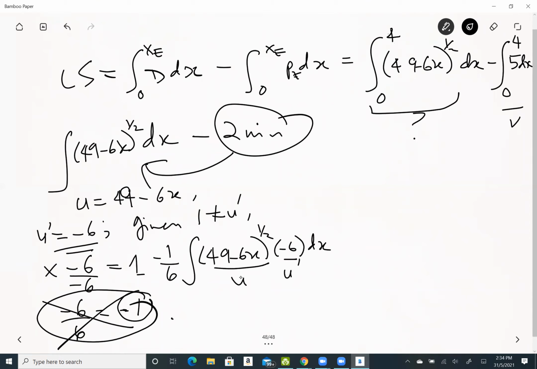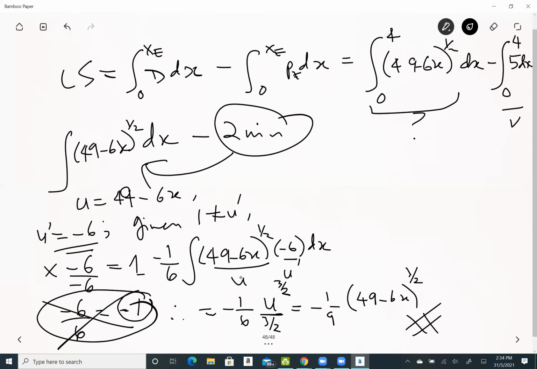Therefore, that will be equal to negative 1 over 6 u to the power of 3 over 2, everything divided by 3 over 2. And that will be equal to negative 1/9. You put in the u in terms of x, so 49 minus 6x to the power of 3/2. So that is the integral.